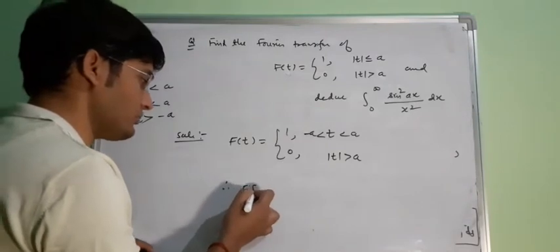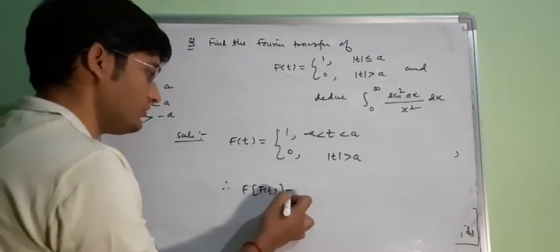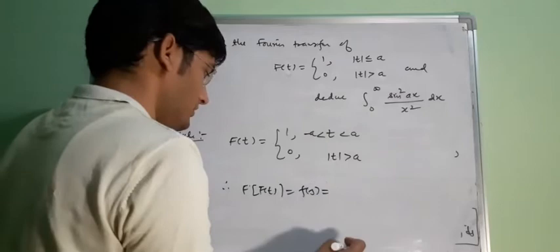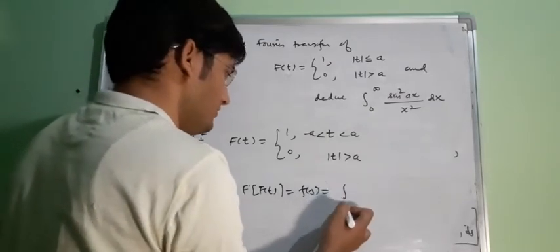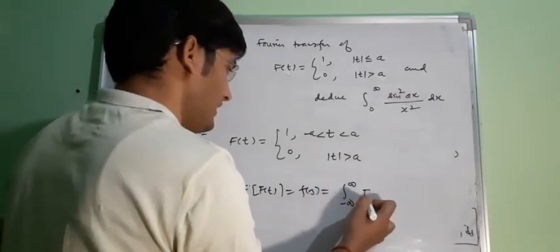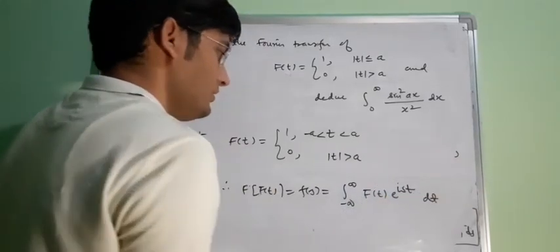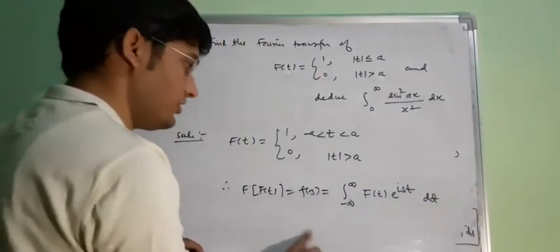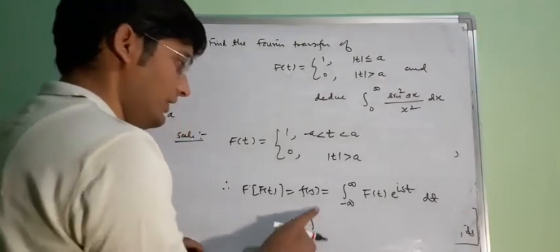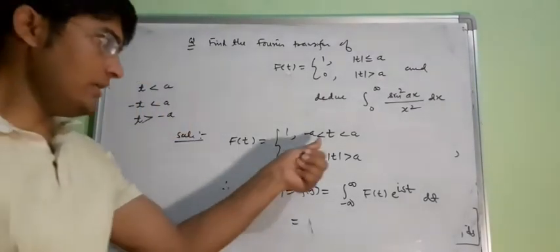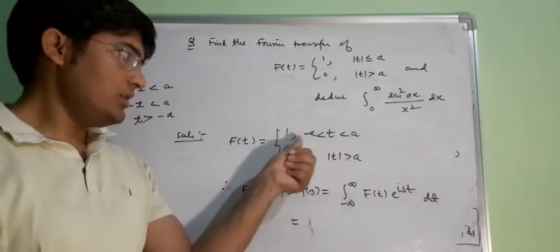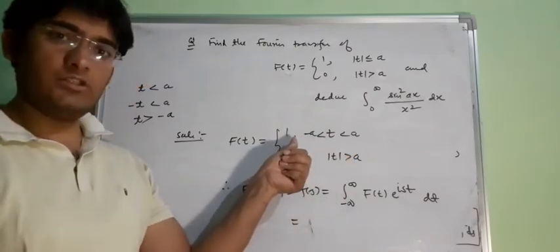Therefore the Fourier transformation of f(t) is F(s), and the formula is the integral from minus infinity to infinity of f(t) e^(ist) dt. This is the formula for Fourier transformation. Now here you can see that only when t lies between -a and a is the value of the function non-zero.